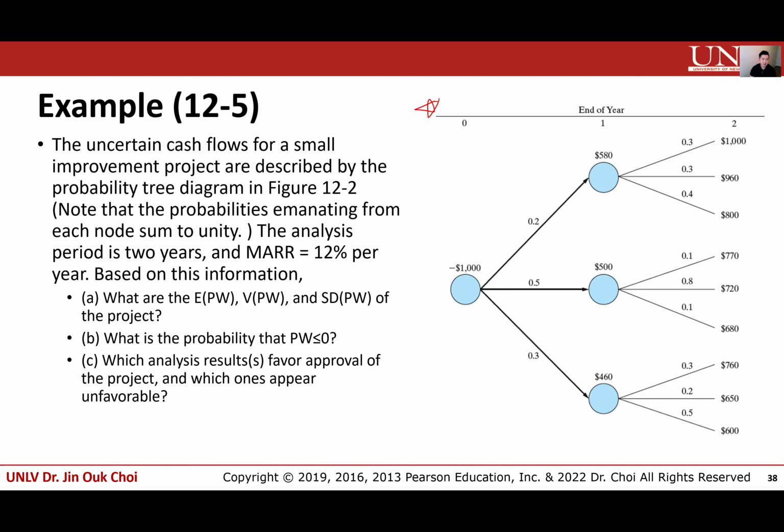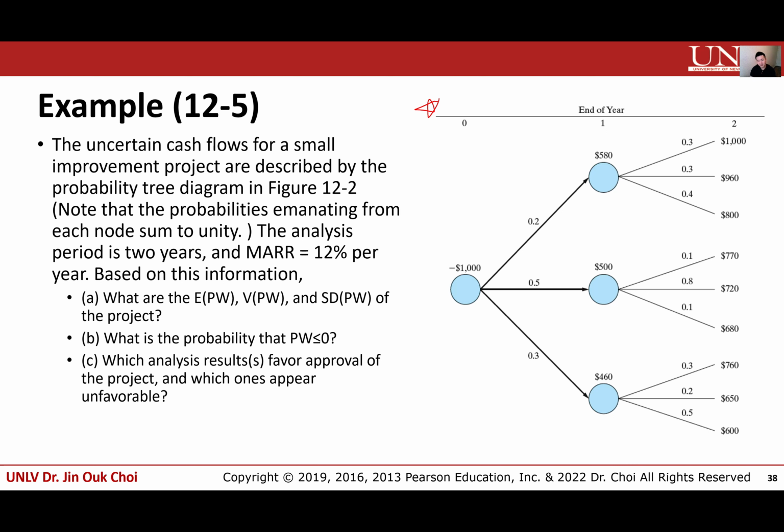Note that the probabilities emanating from each node sum to unity, and the analysis period is 2 years, and MARR is 12% per year. Based on this information, what are the expected value E, variance V, and standard deviation SD of the present worth of this project?